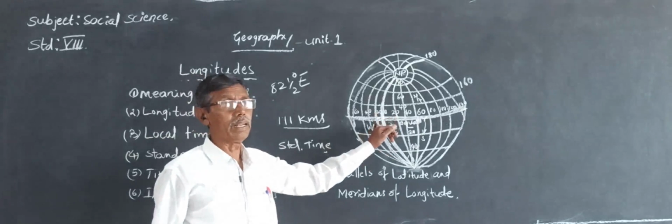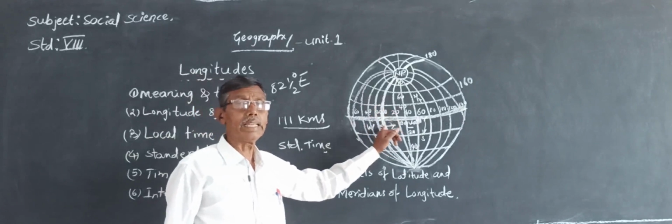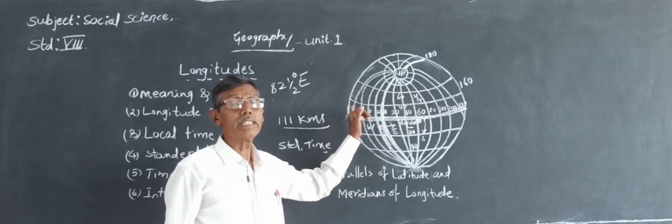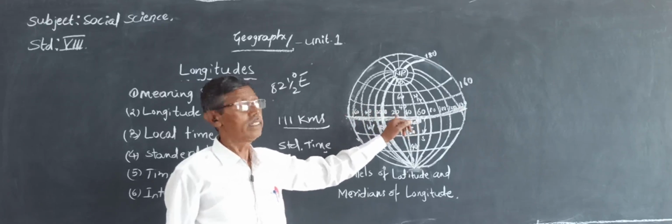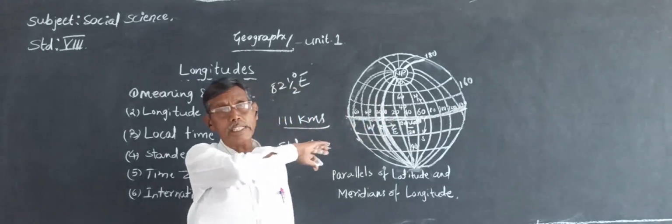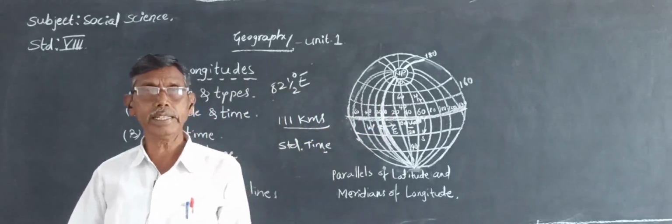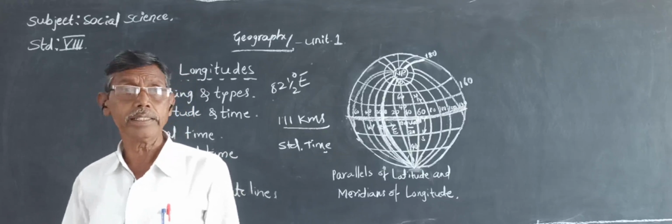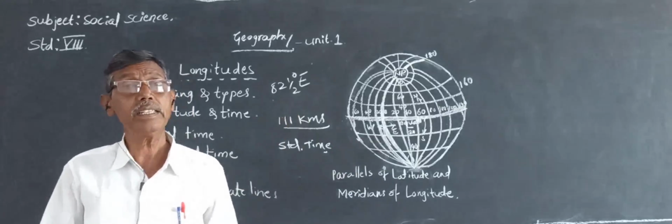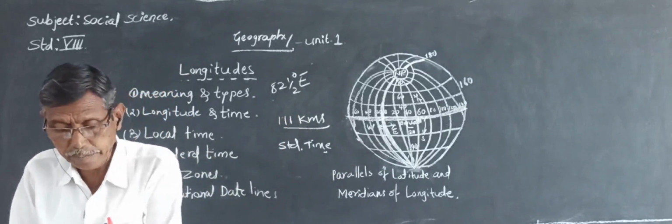Whenever navigators cross this line, they have to adjust the date and day, and so it is called the international date line.